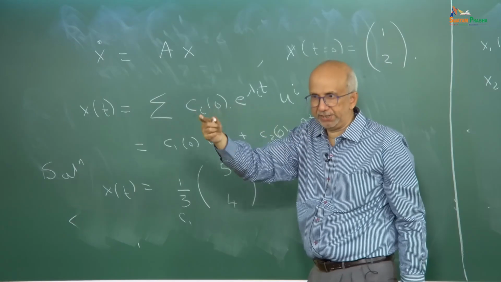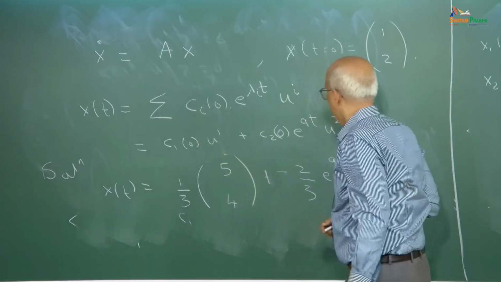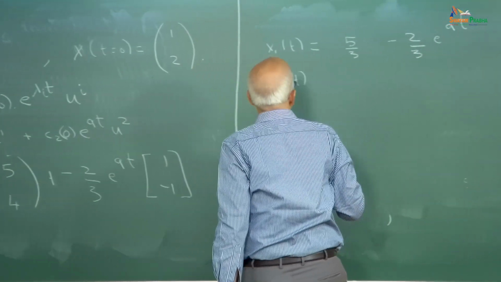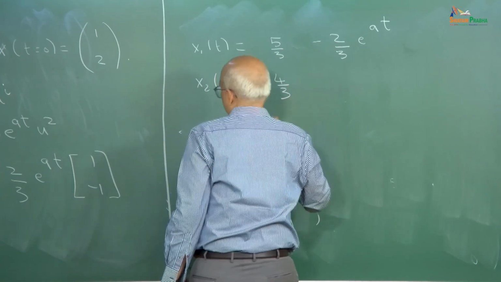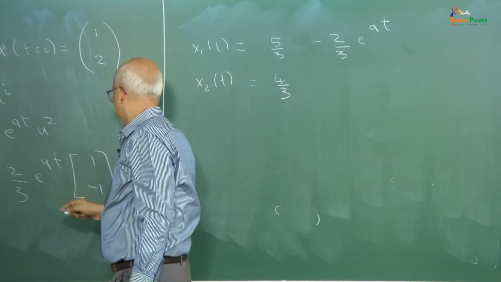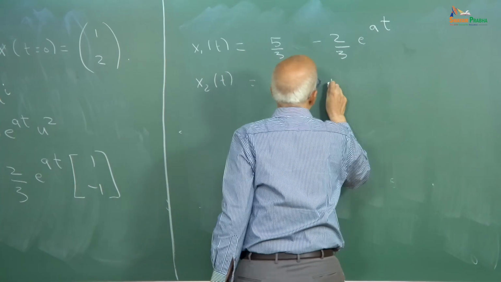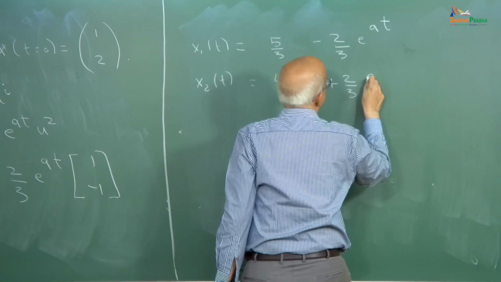One can be concentration, one can be temperature. x2 of t is 4/3 plus 2/3 e power 9t.